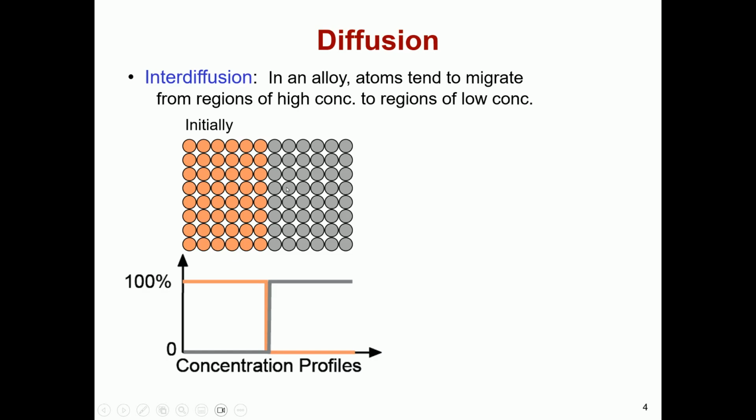When you join two different materials, A and B, initially one side is 100% element A and the other side is 100% element B. With this concentration difference, atoms naturally tend to migrate from the high concentration region to the low concentration region. This driving force causes atoms to move across the interface.